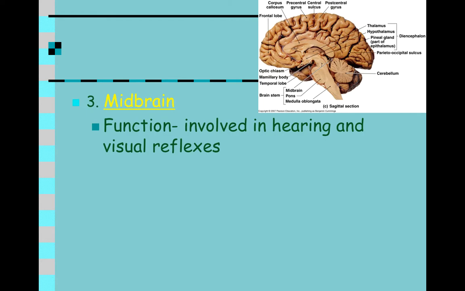Now, if we go back to our driving example, you're going to track a car that's moving down the highway if you're waiting for it to pass, so that way you can make a turn. Your eyes would track that vehicle as it moves down the road, okay? So really important in tracking your hearing and visual reflexes. That is what we call the midbrain.